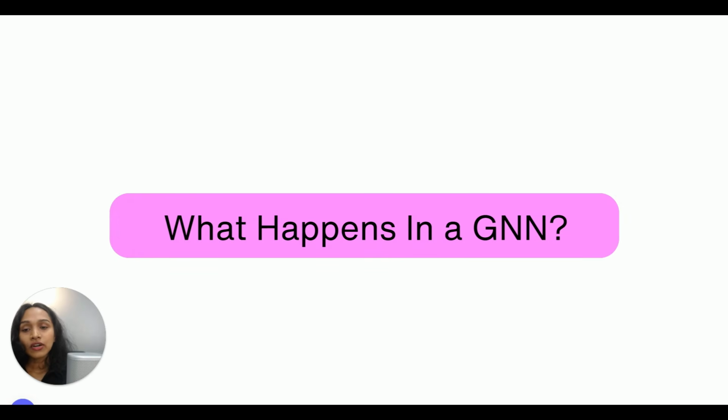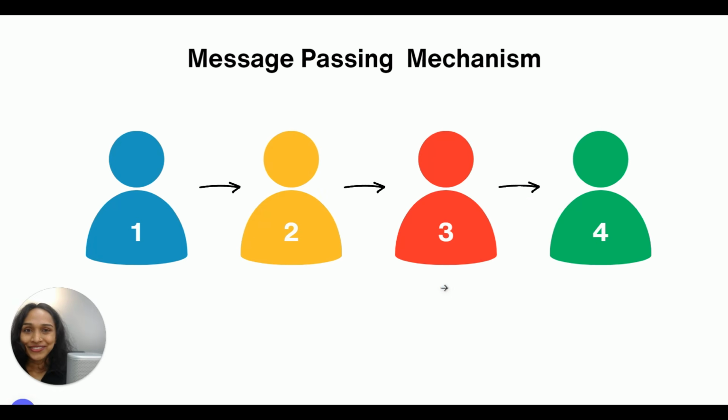Now let us learn what happens in a graph neural network. Here we have a very interesting story about 4 friends. So these 4 friends, 1, 2, 3 and 4, are planning a trip, and they have not finalized their destination yet. So let us see how they are finalizing their destination. Friend 1 takes a paper and writes his preferred location on that paper. And then after writing that, he passes that paper to friend 2.